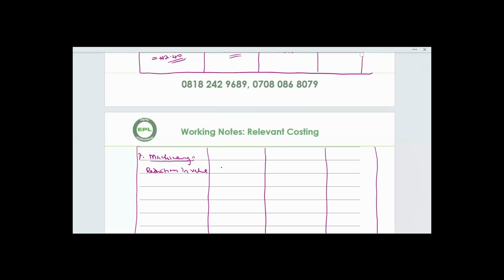So for me to get the reduction in value in the machine, I want to produce 25,000. Examiner has told me that for every 1,000 units produced with the machine, the value of the machine will drop by 150 naira.